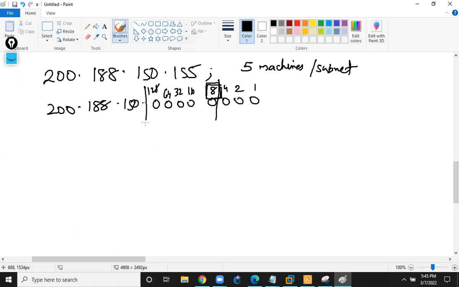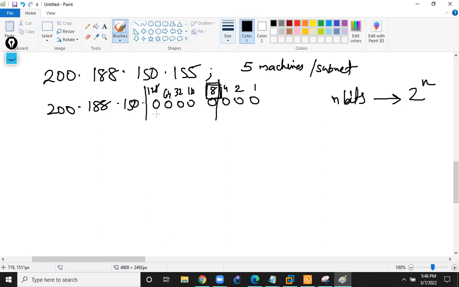But now let me tell you, if you keep on adding 8, how many values will be there, or how many subnets will be there? 2 raised to 5, or whatever the value. If you have n bits, you know the equation, how many values you will have? 2 raised to n values.